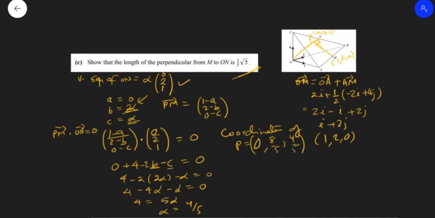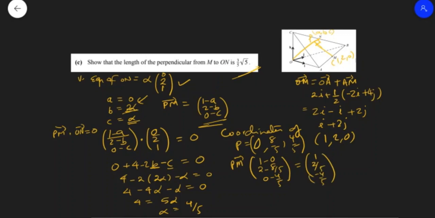And we want the magnitude of PM, which is this. So we'll just put them here. PM will be 1 minus 0, 2 minus 8 over 5, and 0 minus 4 over 5, which comes out to be 1, 2 over 5, and minus 4 over 5.